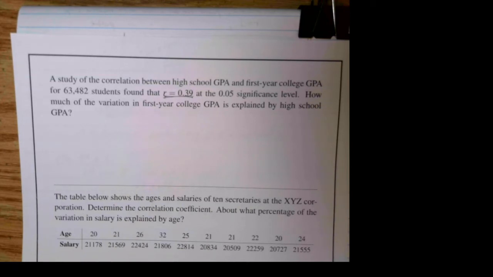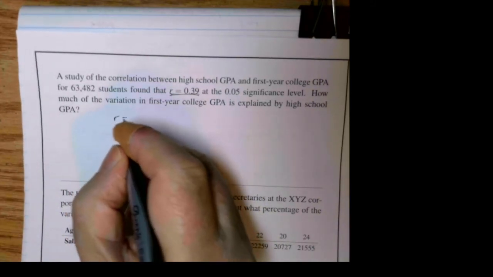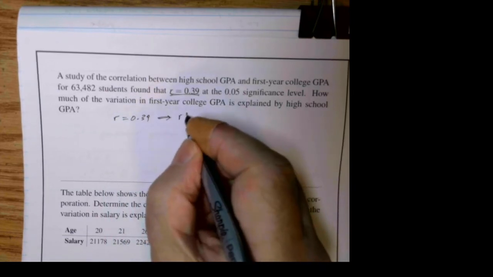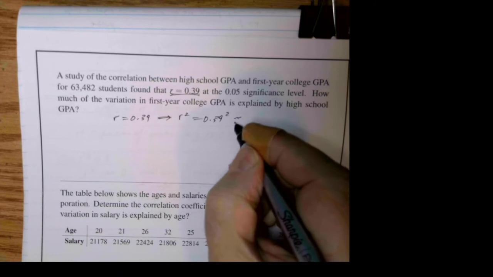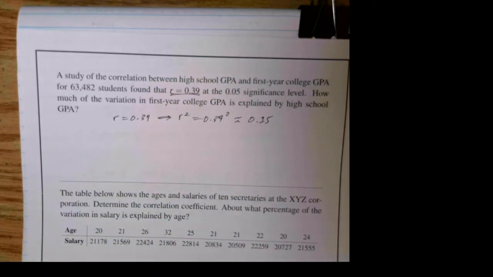However, R is 0.39. How much of the variation in first-year college GPA is explained by high school GPA? Well, R squared is just 0.39 squared, which is about 0.15. You can take out your calculator and verify that.